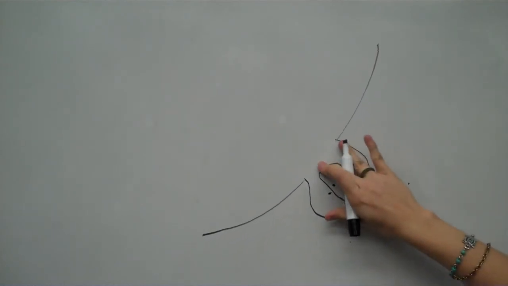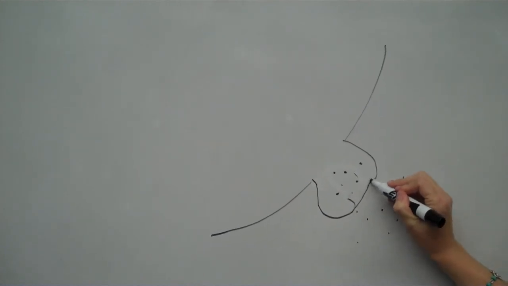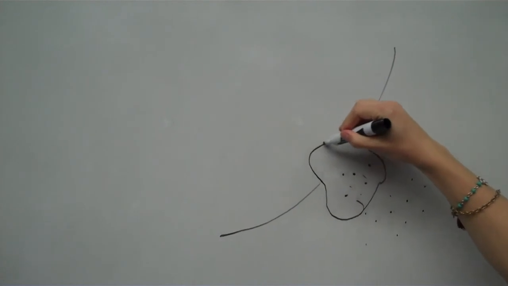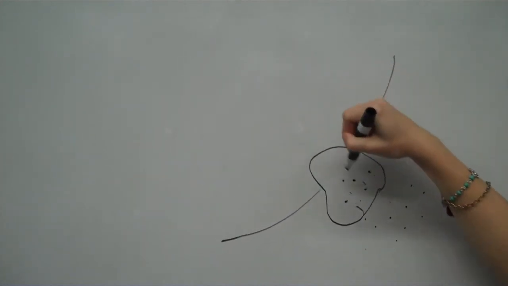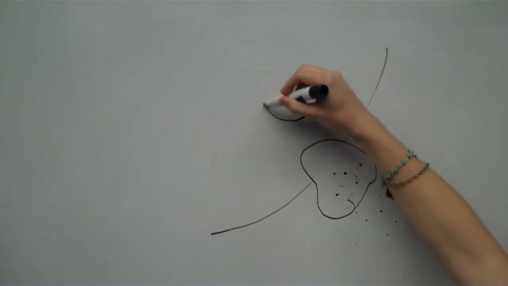Once the cell gets all the solutes that it wants, it'll close off. Once it closes off, it'll make a vacuole. This vacuole will then, once it's consumed all the nutrients it wants, enter the cell.